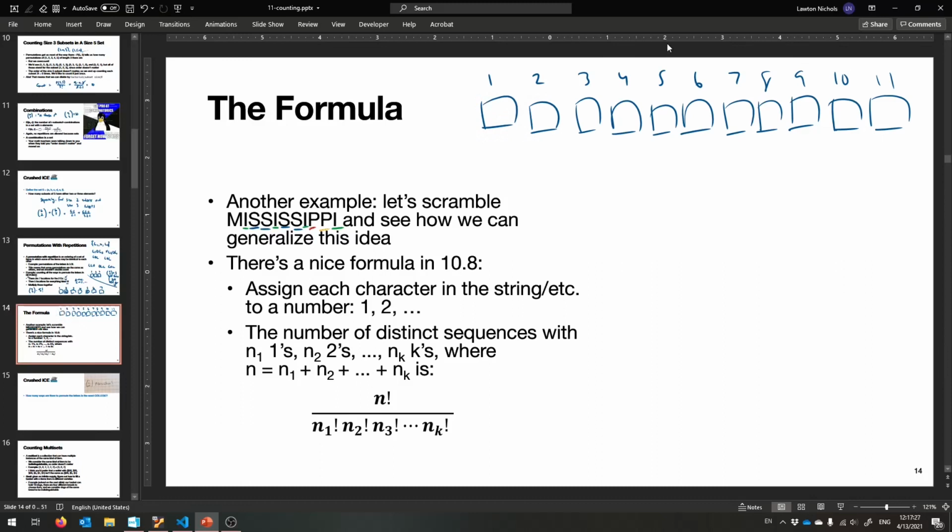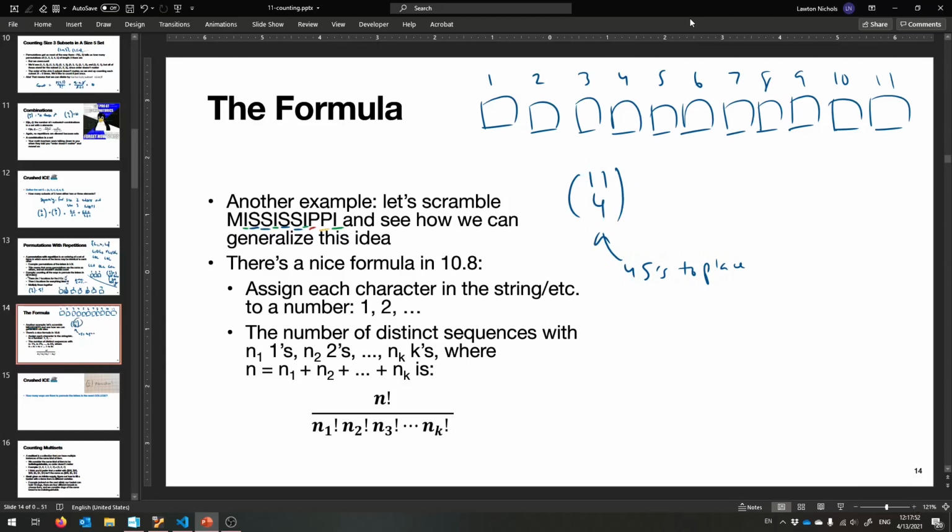We have 4 S's. We need to figure out which of these 11 slots will hold the 4 S's. How many different ways are there to put 4 S's in 4 of these slots?